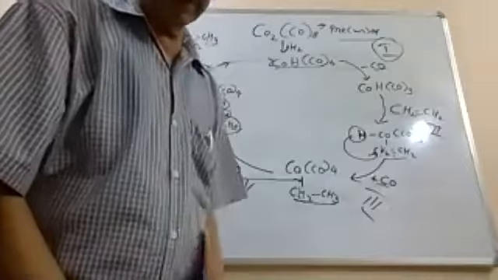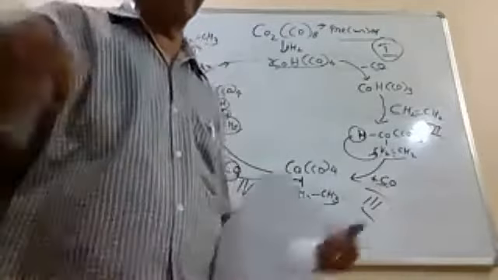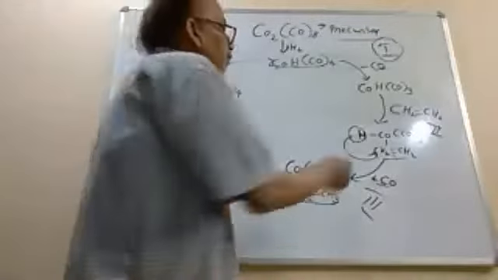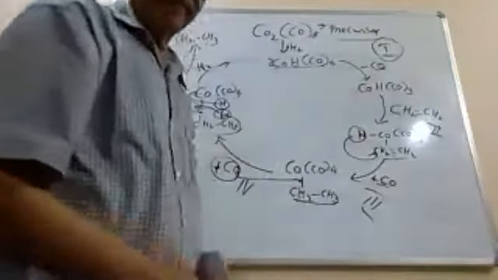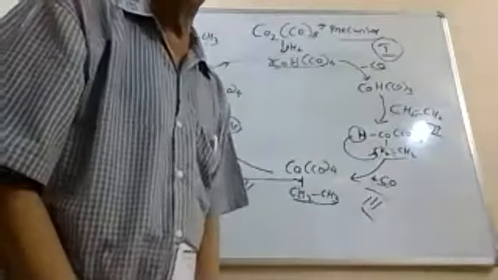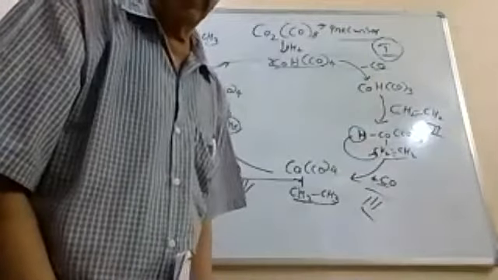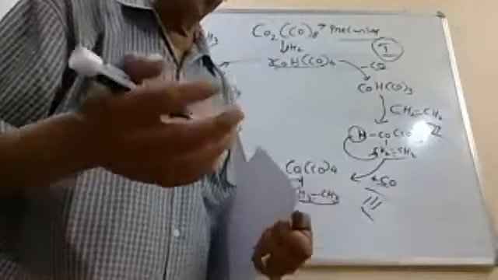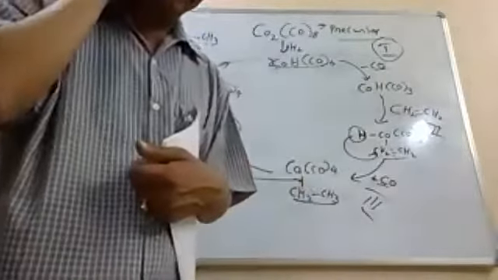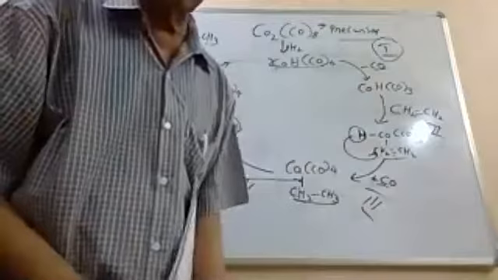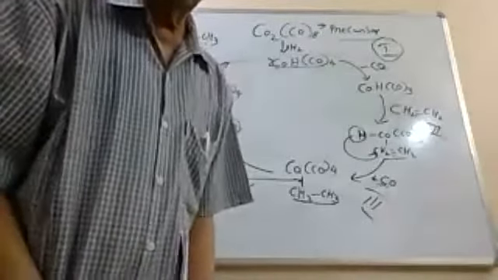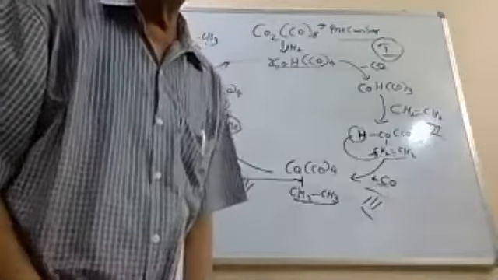One of the beautiful aspects of this mechanism is this is not out of the blue. People have worked so hard to identify most of the intermediates here. This is the beauty of homogeneously catalyzed processes. So what you can do is carry out the reaction, freeze it, and take all the compounds that are in the mixture at any given time and characterize them to see what type of complexes it has.